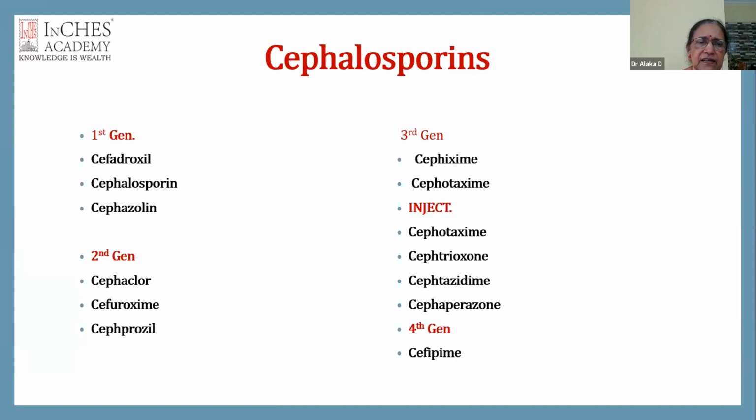As far as possible, for simple infections we can use penicillins, ampi, amoxi, or their combination. We should reserve the higher antibiotics for serious and severe infections, and in those cases we can use injectable cephalosporins particularly.